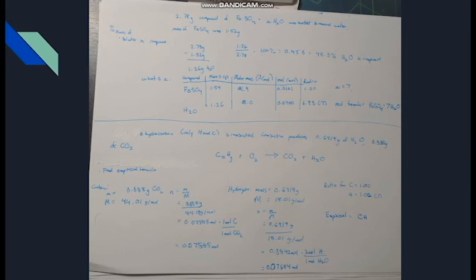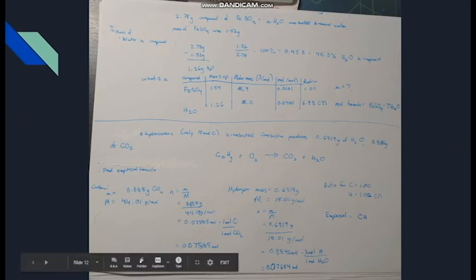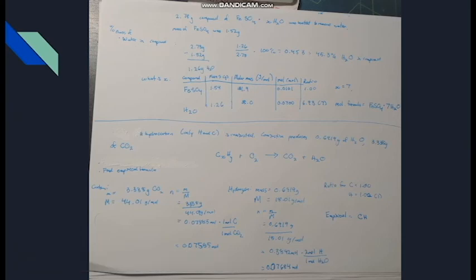Finding the moles, it'll give you 0.0101 moles for iron(II) sulfate, and 0.0700 moles for water. Again, we do the ratio, divide both of them by the lowest moles, and we get 1 for iron sulfate and about 7 for water, meaning that X is going to be 7, and the molecular formula is going to be iron sulfate 7 hydrate, or heptahydrate, because the ratio is 7 here.